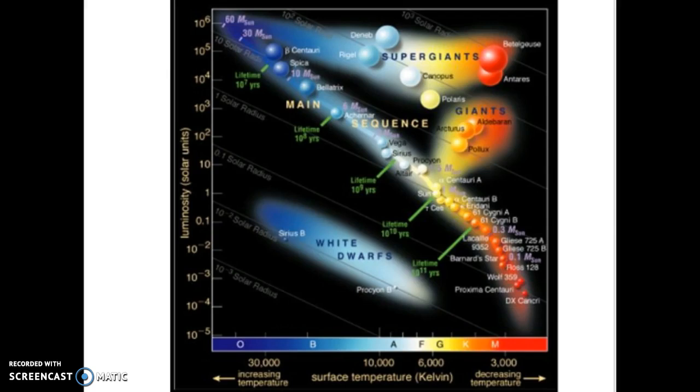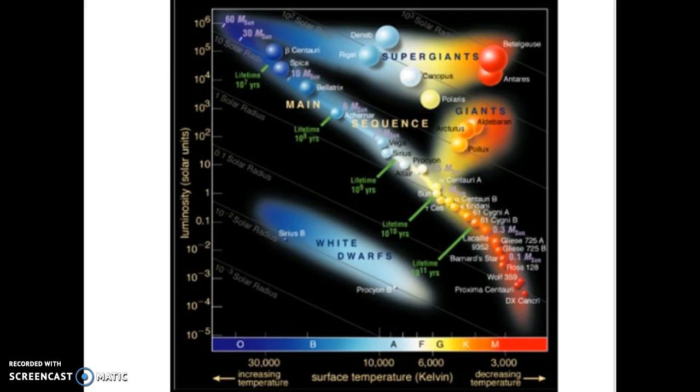or the horizontal axis, the temperature of the stars, the surface temperature in degrees Kelvin. The x-axis is a little bit backwards here. 30,000 degrees Kelvin is much, much hotter than 3,000 degrees Kelvin. So increasing temperatures and decreasing temperatures split from the middle of that x-axis.